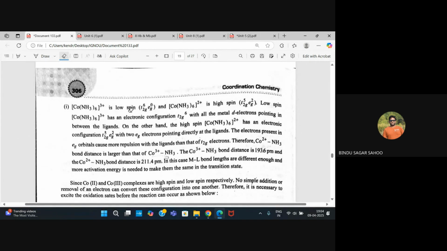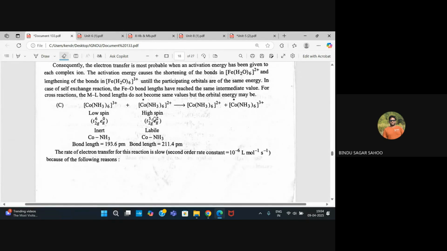So here you can see t2g6, t2g5, t2g6. That means electron transfer will occur from this t2g to this t2g. So here definitely t2g5 electrons are present, but the t2g orbital means three orbitals dxy, dyz, dxz. These three orbitals are called t2g orbitals, and these three orbitals are occupied by six electrons.